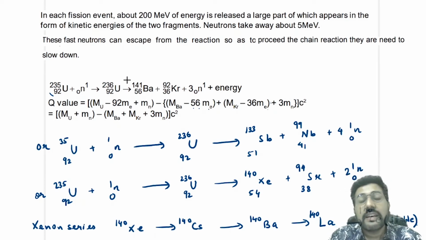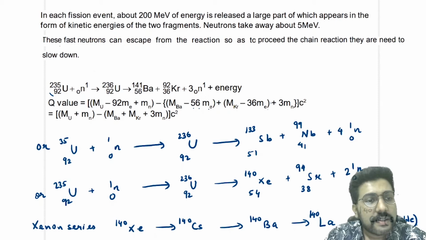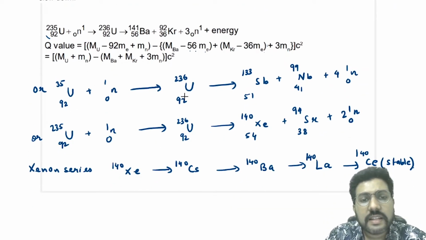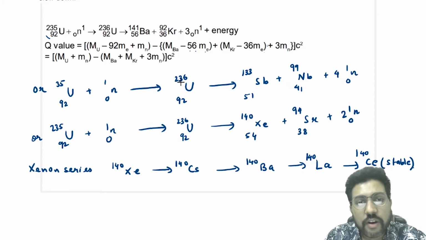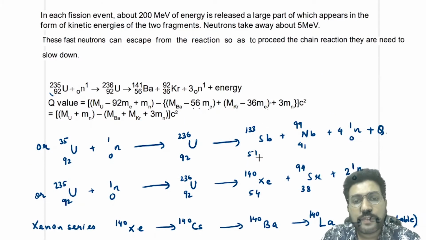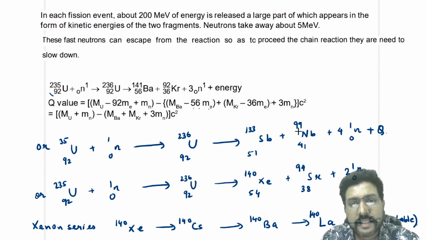We know that there are so many reactions taking place. Okay, so one such reaction is uranium-92-236 first is formed, and then it converts to antimony 51-133 and niobium 41-99.